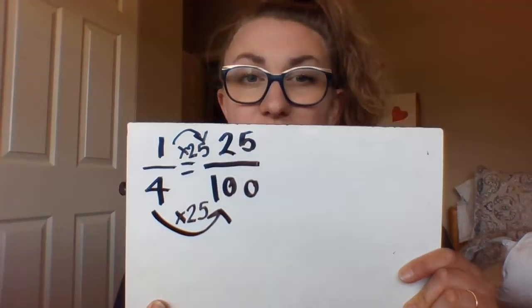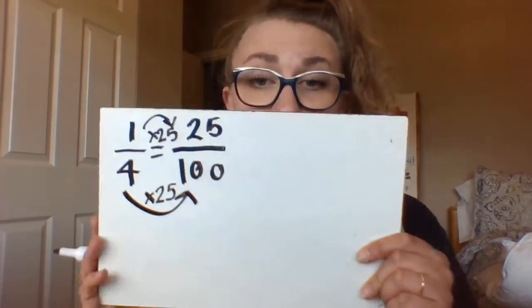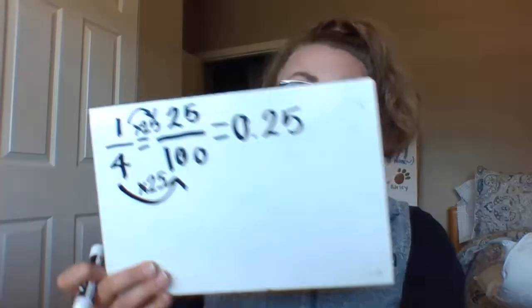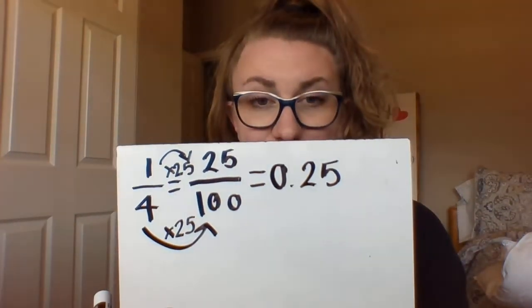Now we have to do the numerator. 1 times 25 gets me 25 hundredths. Remember, you can pause whenever you need to write this stuff down. Finally, we're going to write this as our decimal. We know hundredths. We know what that place value looks like. So we're going to write 0.25, or 25 hundredths.